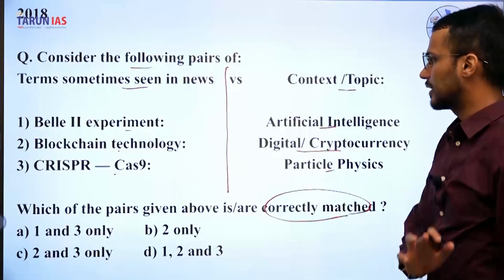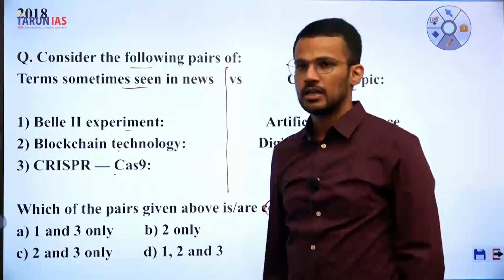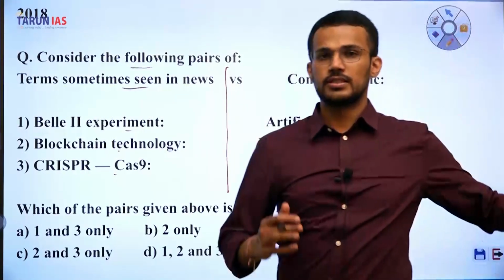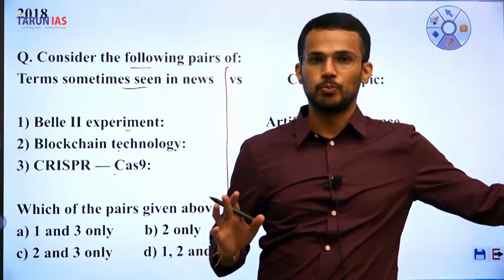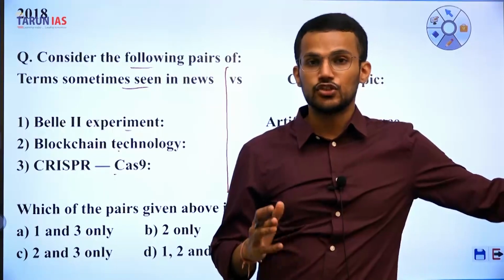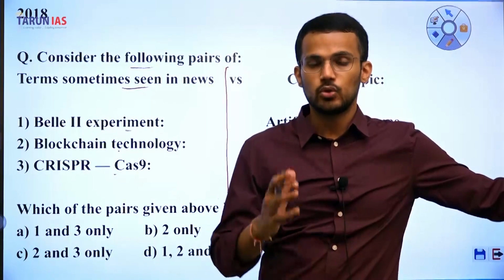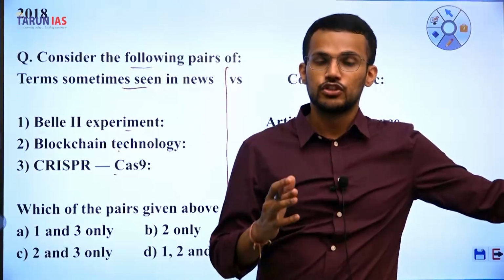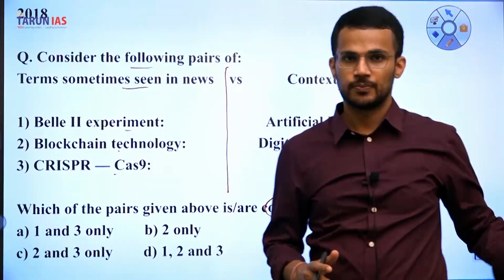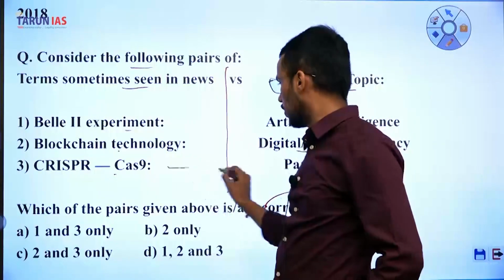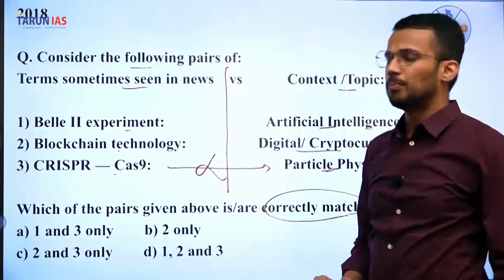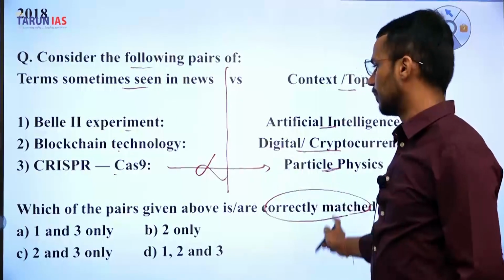So let us consider the third pair, CRISPR-Cas9. By now, this term has become very popular because it is a genetic engineering tool, the most sophisticated gene editing tool developed by human beings. So it is not at all related to particle physics, and hence the third pair is incorrectly matched.